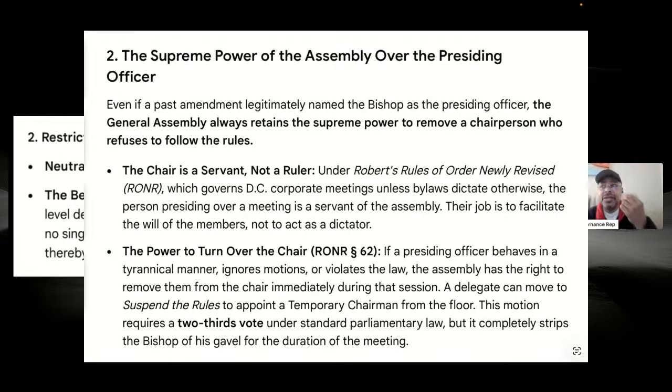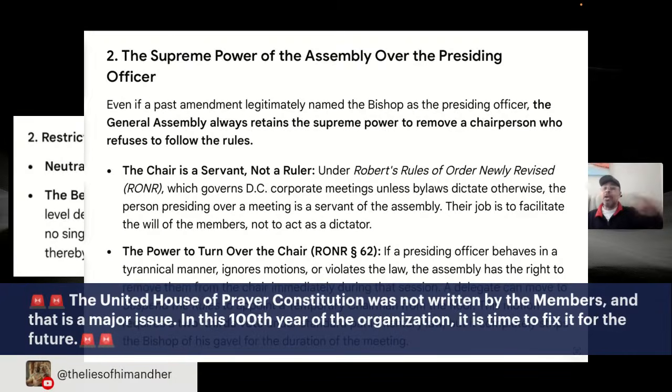So now you understand that we didn't have to have it in writing that Robert's Rules of Order will be utilized in this meeting. We never had to have that in writing, as long as the District of Columbia automatically says every single corporate meeting will be governed by Robert's Rules of Order. That now is a law of the District of Columbia. Okay?